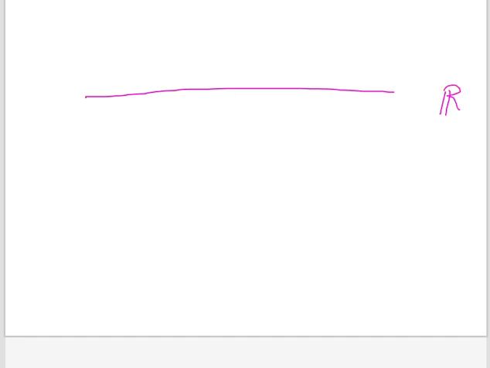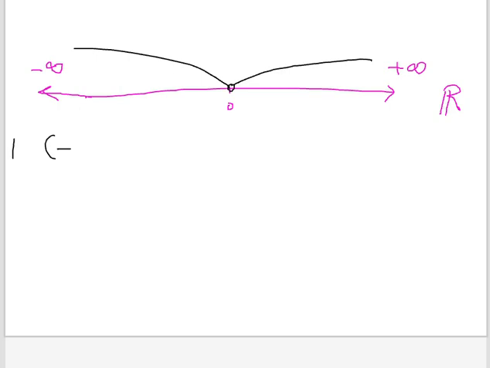In geometry, for example, this is R, with 0, positive infinity and negative infinity.